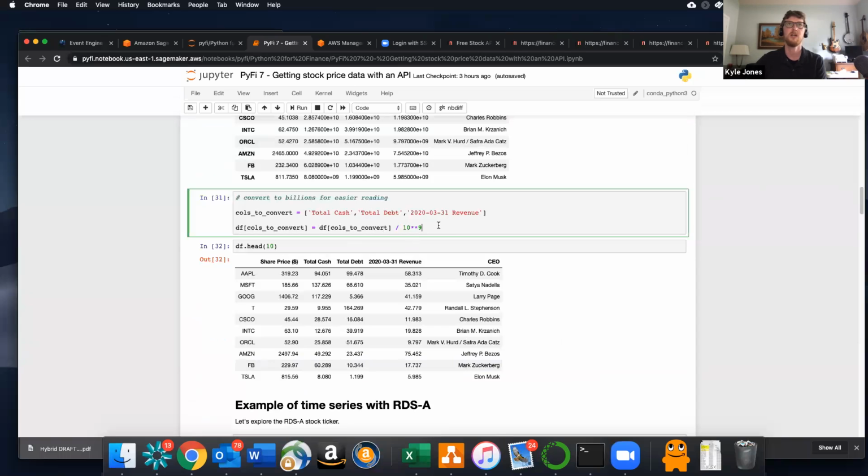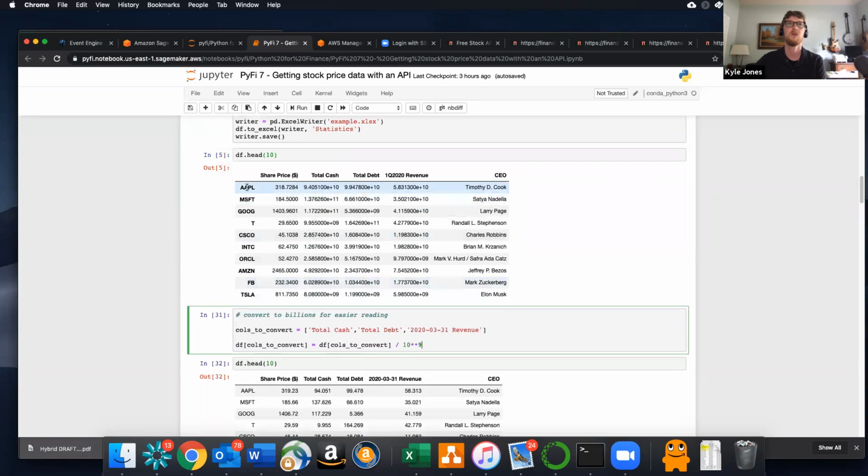I'm going to go back up to here. We were talking about this general information, this data frame that we built with these different stocks, and we have their price. The cash, debt, and revenue are all in billions, but it's shown here in scientific notation, which is hard for us to read.